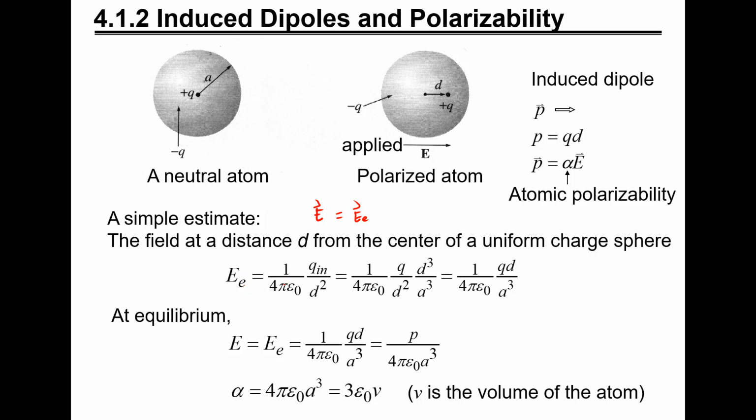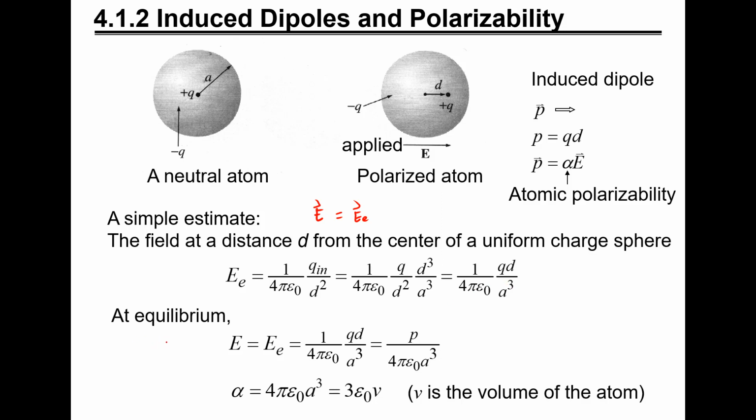You have 1 over 4 pi epsilon naught q in over d squared, which is equal to 1 over 4 pi epsilon naught q over d squared multiplied by d cubed over a cubed. And simplifying this, this will become 1 over 4 pi epsilon naught qd over a cubed.